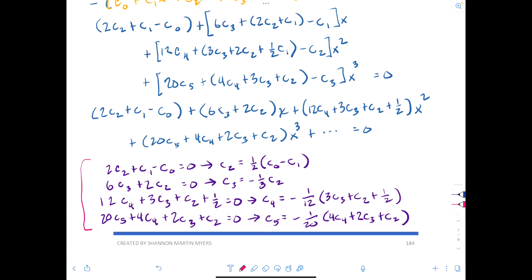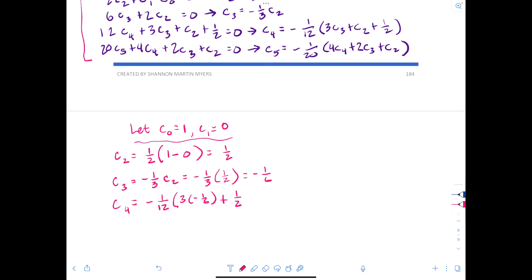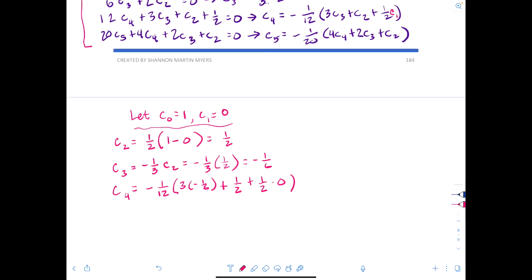You know what? The coefficient to this should have been 1/2 C1. My bad, from over here. So this will be 1/2 C1, but C1 was 0. So that is going to be negative 1/2 plus 1/2 is 0, and 1/2 times 0 is 0. So this will zero out, right?